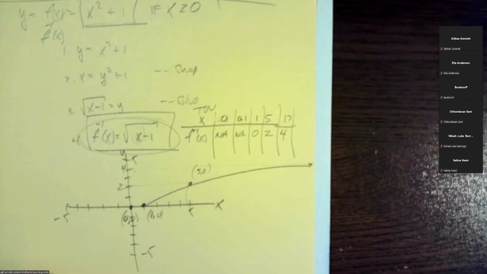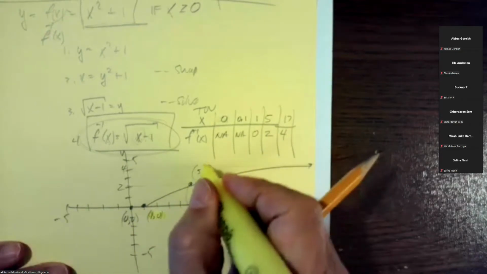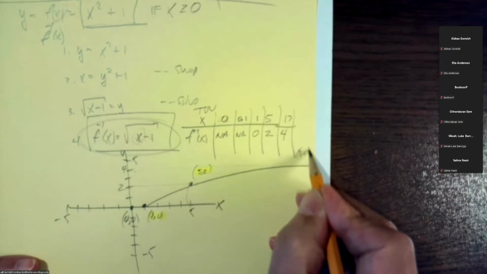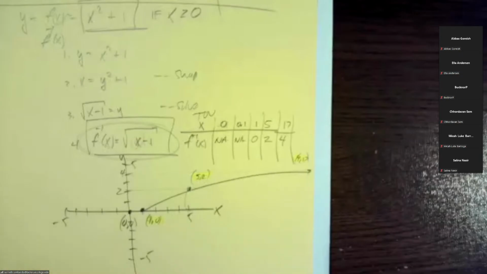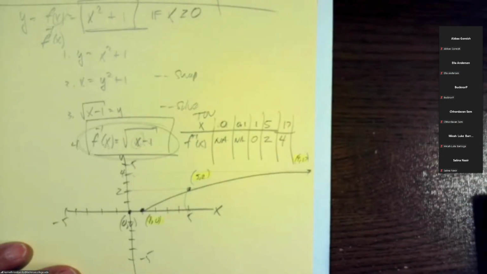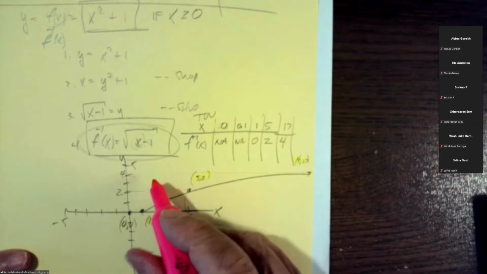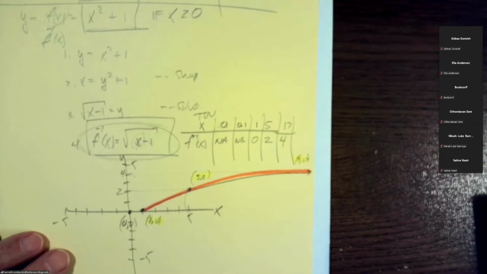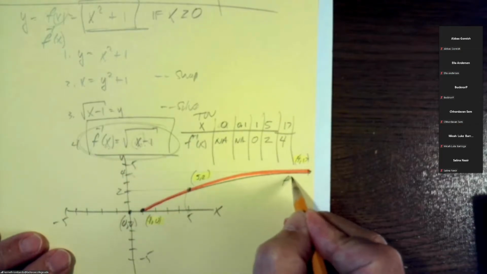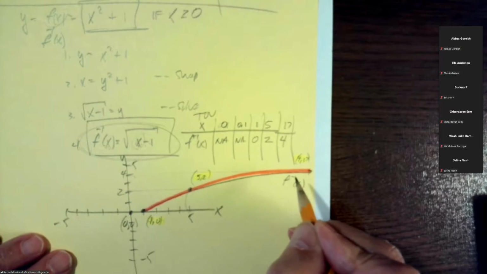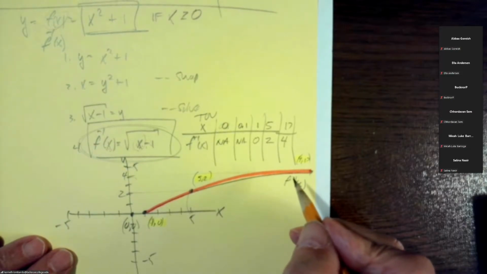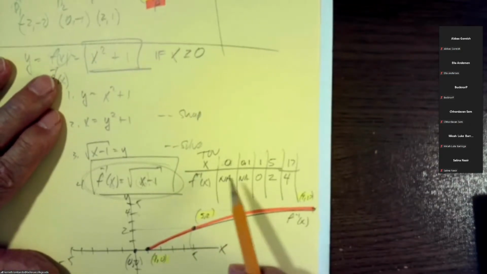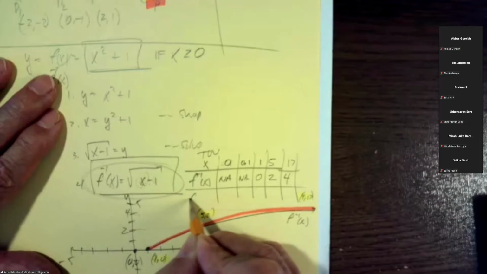So we go from 1 and 0 to 5 and 2, and out here at 17 and 4, way out there. Okay, so we'll have something that sort of looks like this, and we said this is the inverse function, f inverse of x. And then if we plot the f of x value, so let's go down here, f of x.